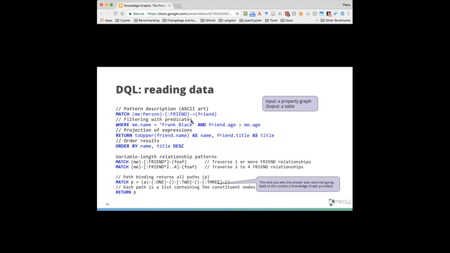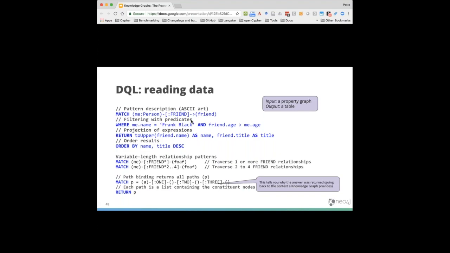Going then to the middle of the screen, this is where it gets very much more Cypher in a way. And this is the variable length relationship pattern. So remember earlier I was telling you about transitive closure. If you look at that first query, match me, friend, star, foe, what that essentially tells you is traverse from me, some me node, one or more friend relationships.